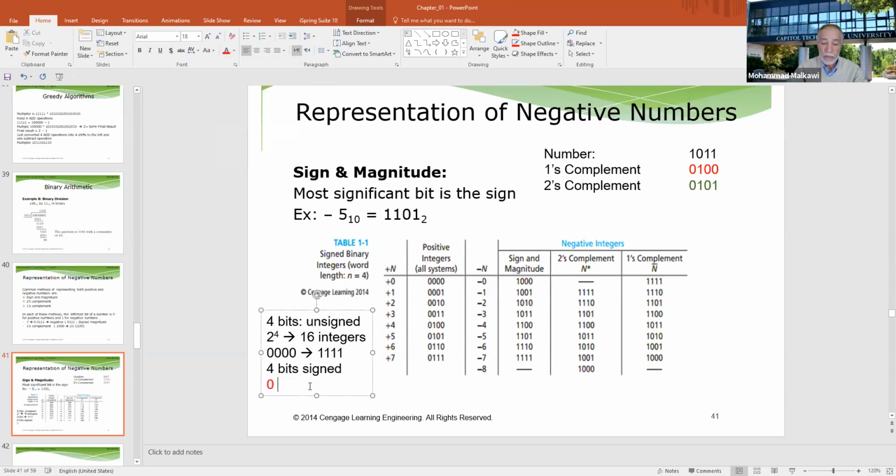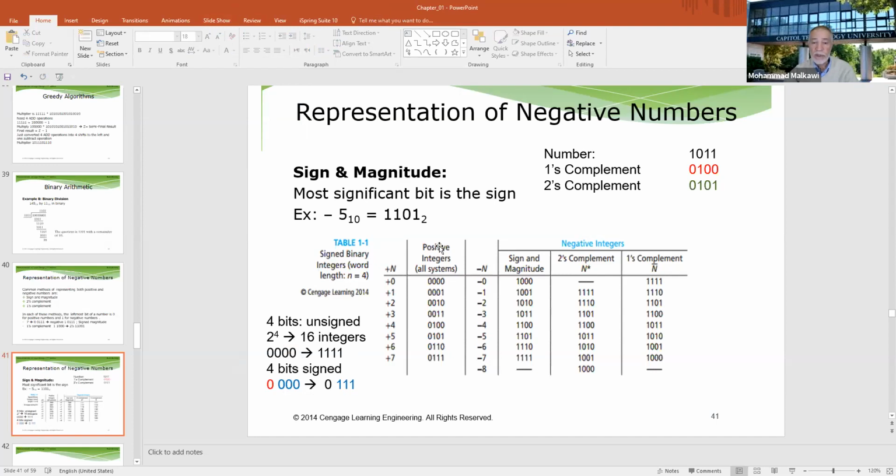And then my numbers go from 0, 0, 0 in positive all the way to 1, 1, 1, or 0, 1, 1, 1. Now, these are my digits, my real numbers. And the other one is a sign. So I can represent numbers only from 0 to 7, not from 0 to 15.